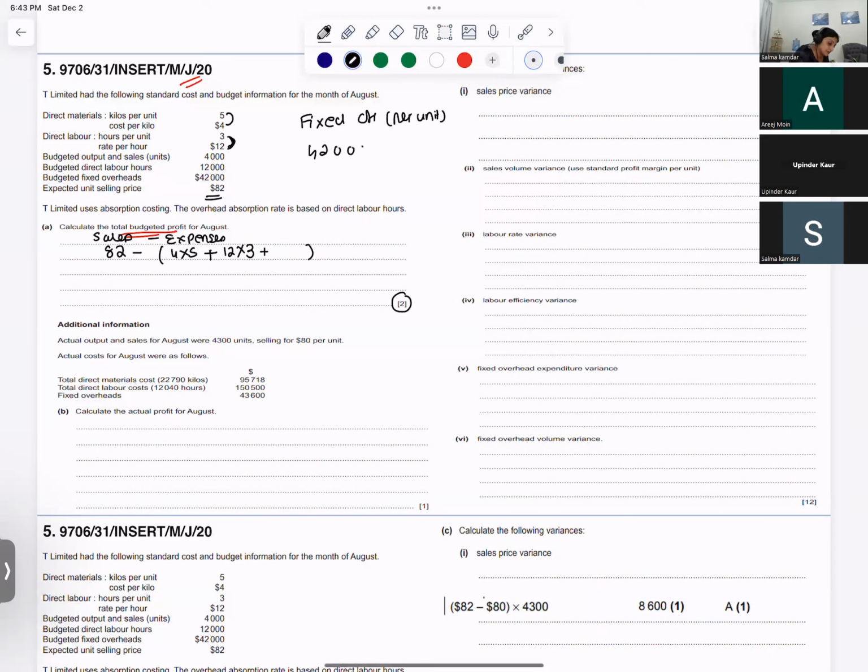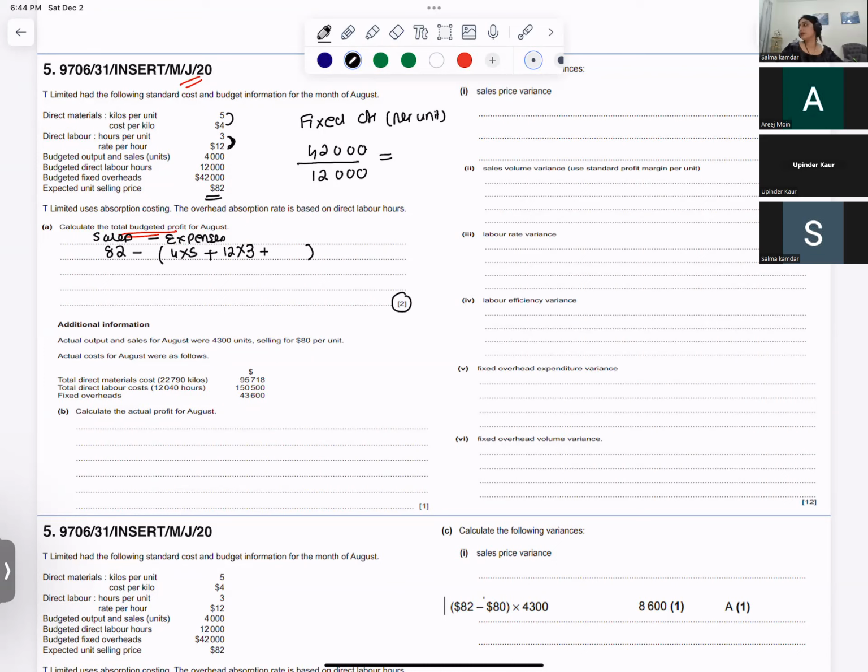So 42,000 divided by 12,000. Are you sure? How much will it come up to? 3.5.